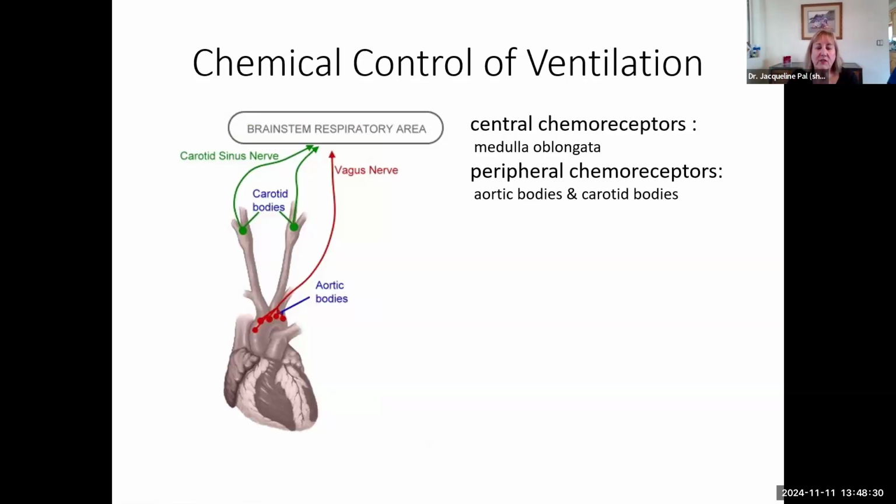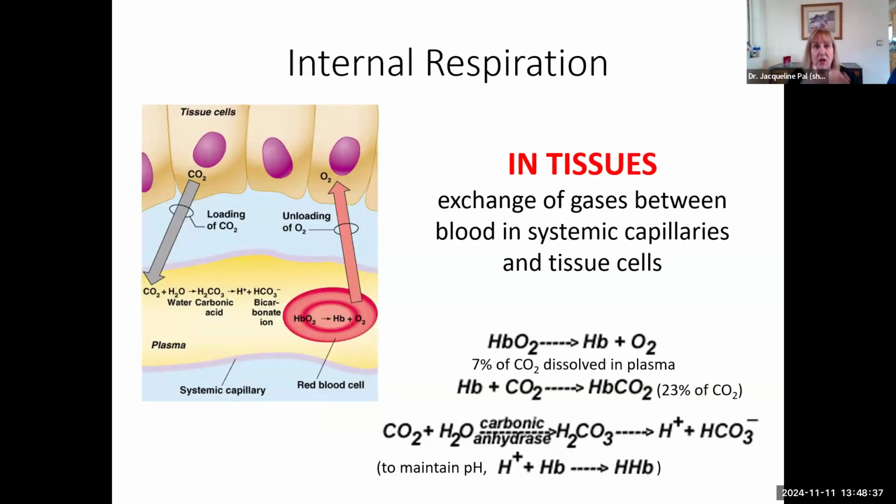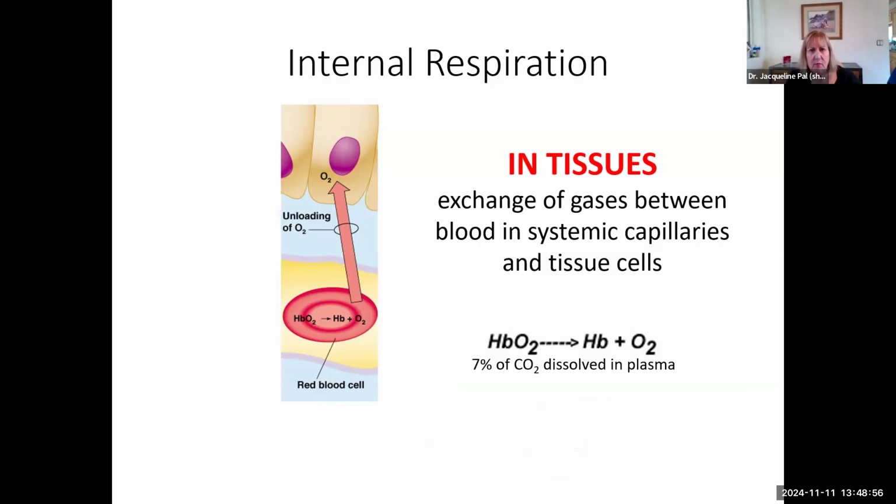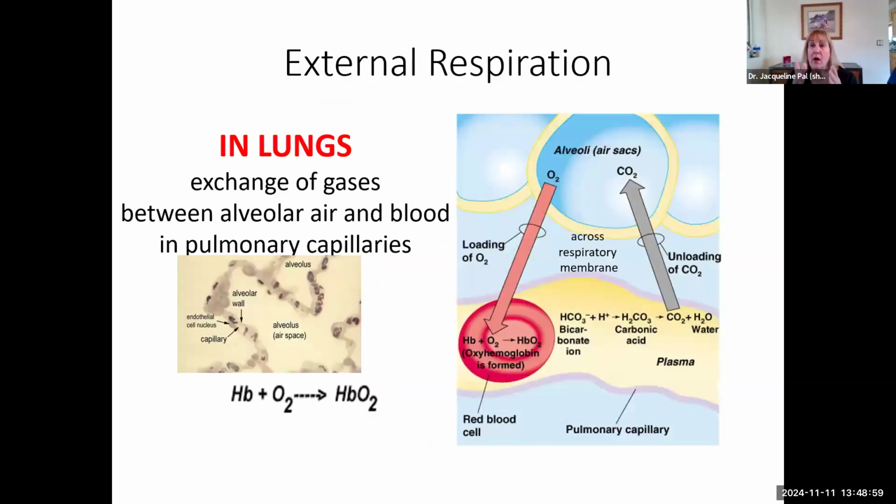So we chemically can control this with ventilation by changing our rate of ventilation. When we change our rate of ventilation, we can breathe faster to blow off more CO2, or we can change our depth of respiration to blow off more CO2, or we can breathe shallower to blow off less CO2, or breathe slower to blow off less CO2.